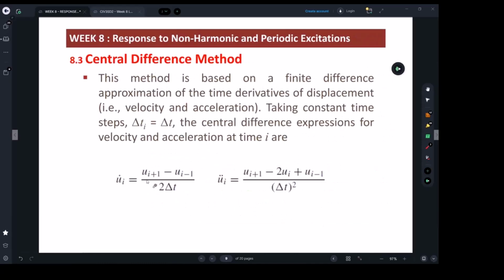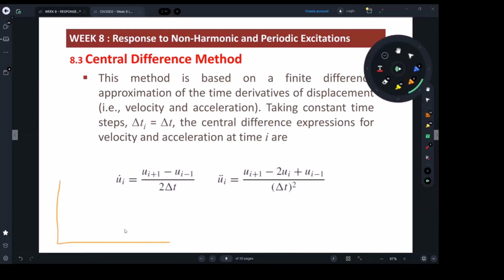For the central difference method, they define 2 points, and these 2 points are any points within the curve. So point 1 and point 2 here on the screen. The point at which we need to calculate the velocity is the blue one.